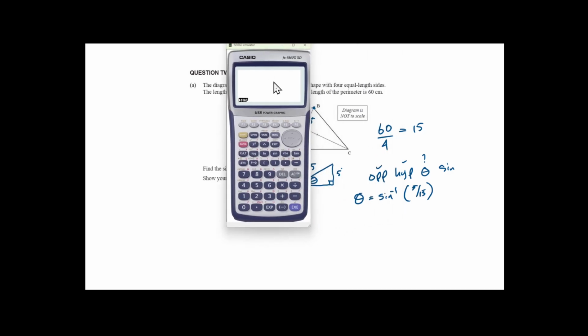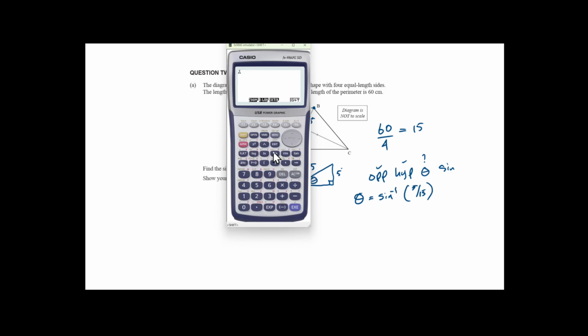So theta here is going to be sine -1, opposite over hypotenuse, so 5 over 15. In fact, I'll just make sure we're in degree mode. Yes, we're in.